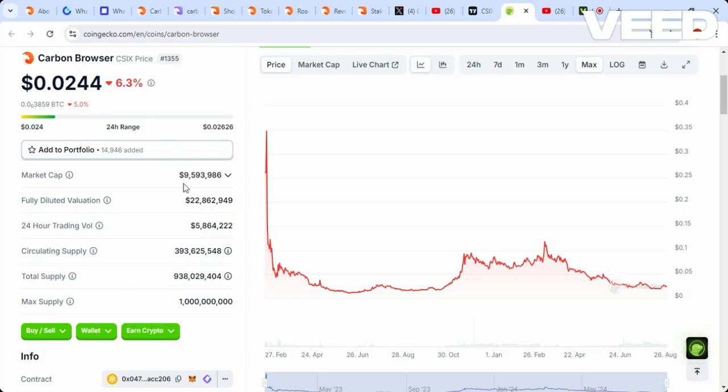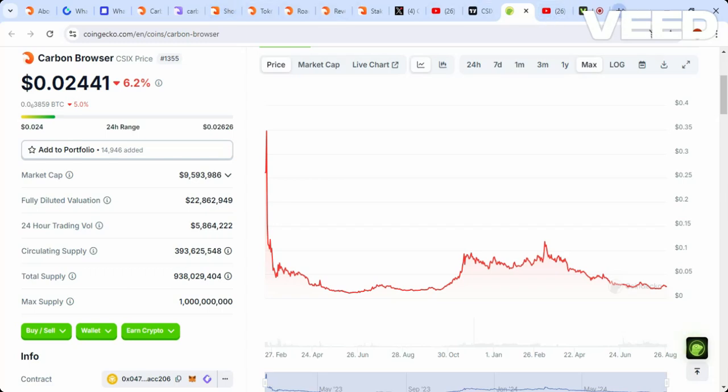So 90 million is going to give us 10x, and then approximately 900 million is going to give us exactly 100x. So for us to hit 100x, it should be around 900 million, something around that area.